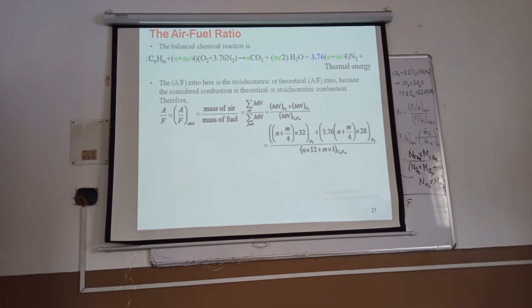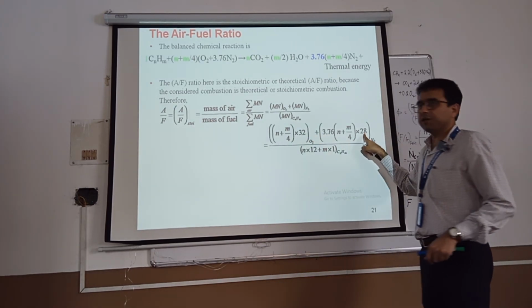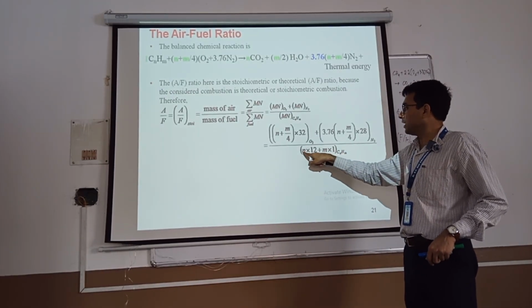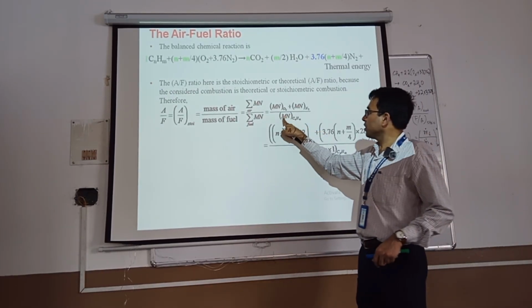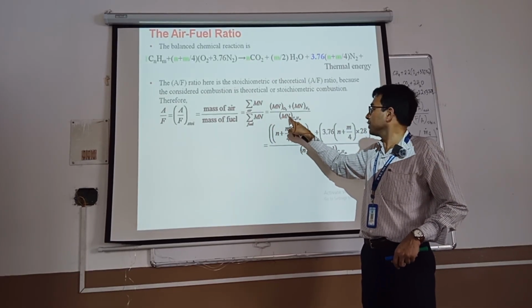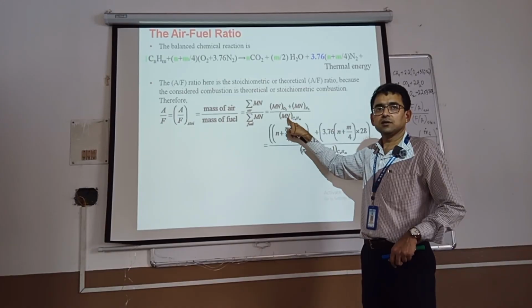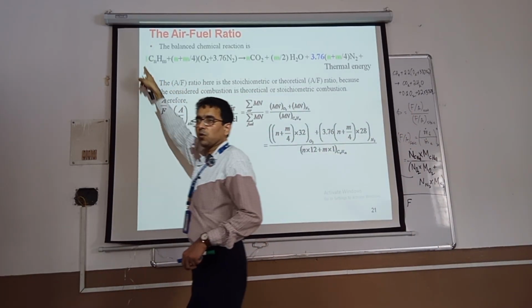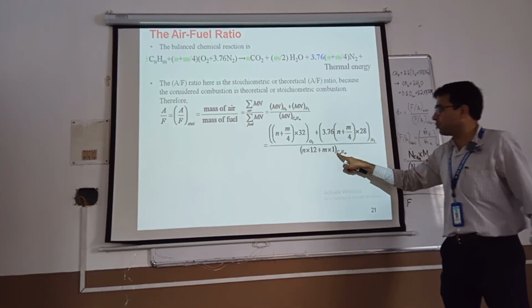So I can simply write this, 32 for oxygen, 28 for nitrogen, and what is the molecular mass, M, multiplied by n. Now what is n for fuel? 1. So simply molecular mass is coming, right?